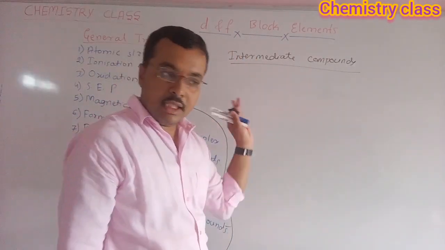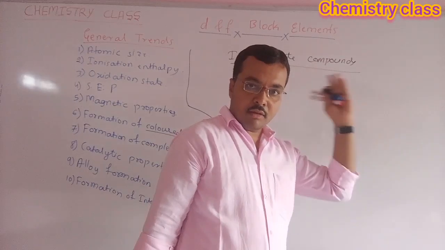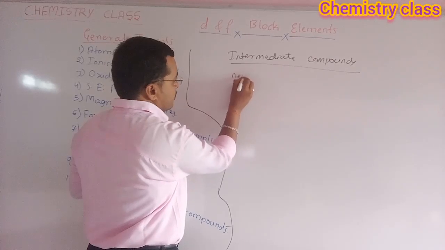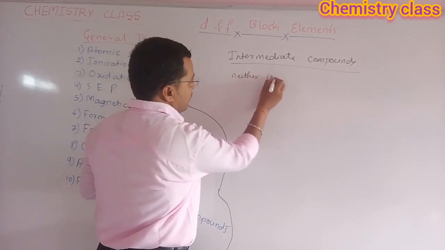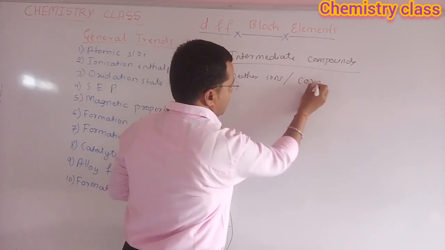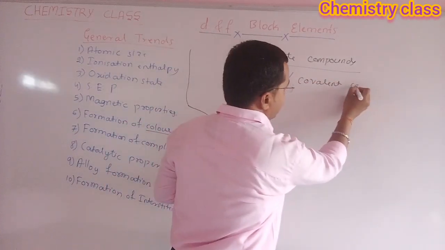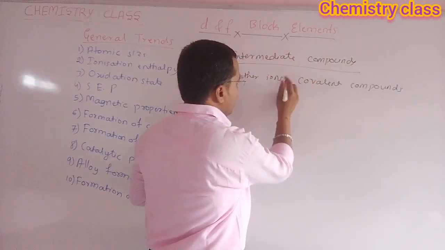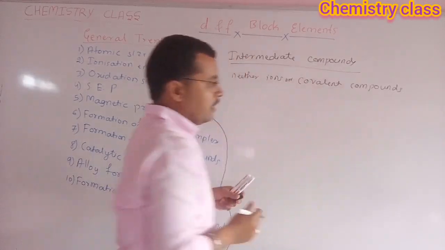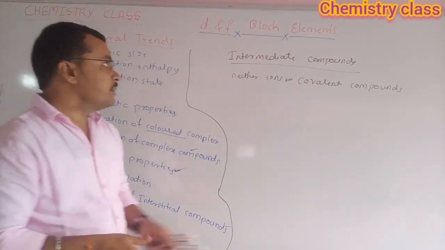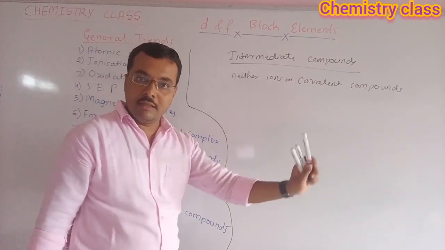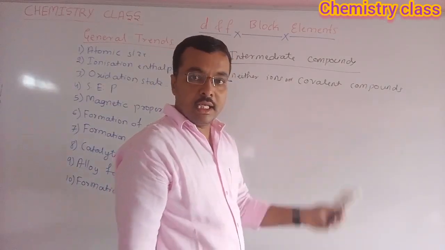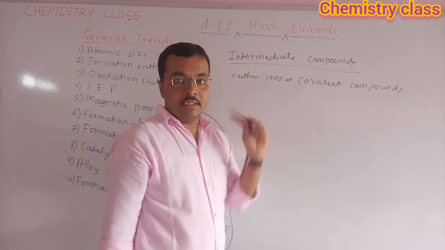Intermediate compounds are neither ions nor covalent compounds. It means interstitial compounds are not ionic in nature and also not covalent in nature. This type of compounds are called interstitial compounds.